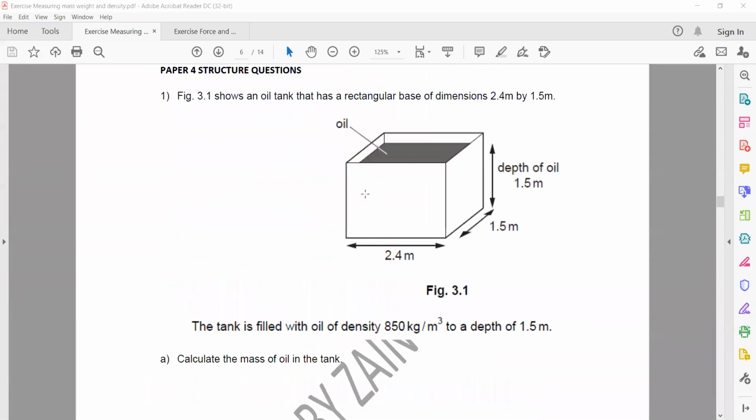By mistake, a man working in the tank drops a key and it moves downward to the bottom. What can we say about the density of the brass key? Is it more than oil or less than oil?